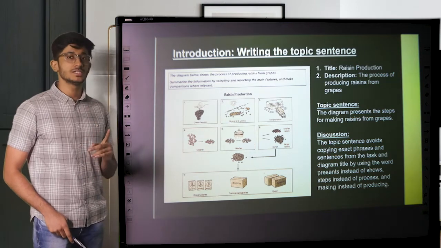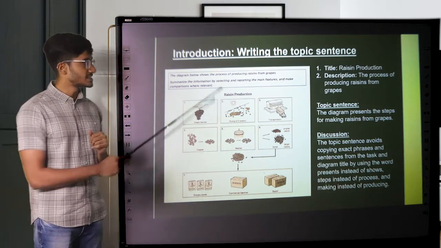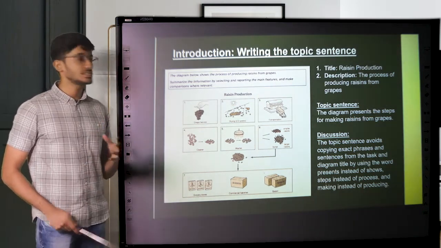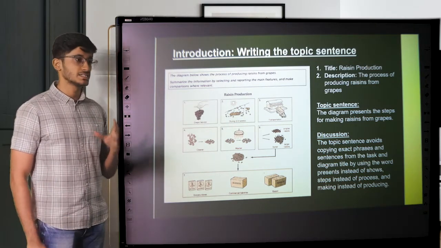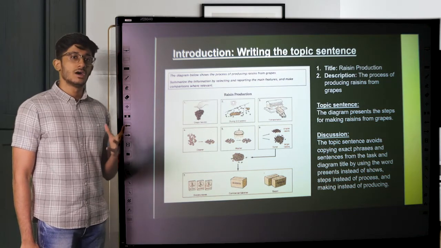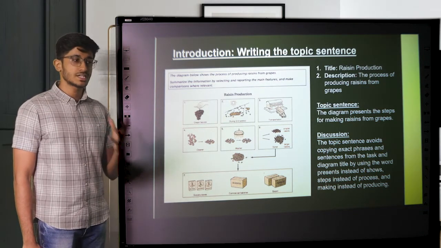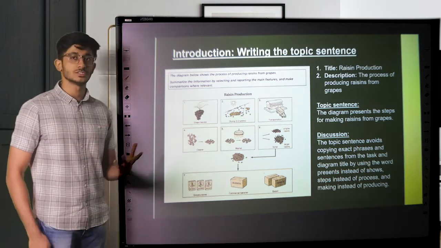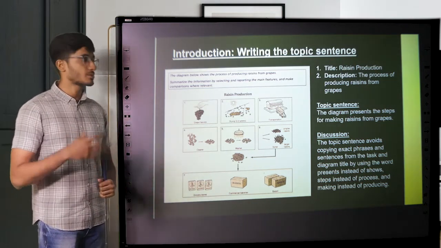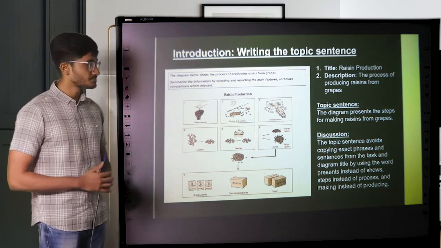And I must tell you this, that if you do write exact words or exact similar phrases from the instruction, your marks will be deducted, because in that way the examiner is not testing your skill, because you're copying it from the instruction. So you have to use proper grammatical skill and paraphrasing skill.